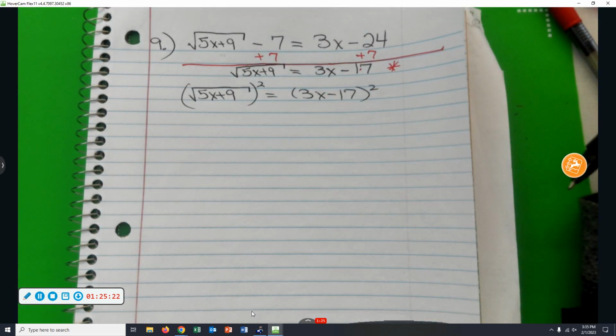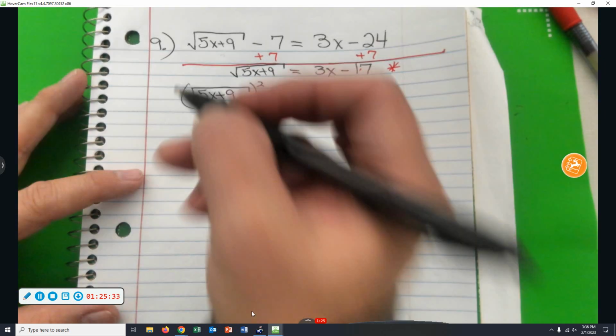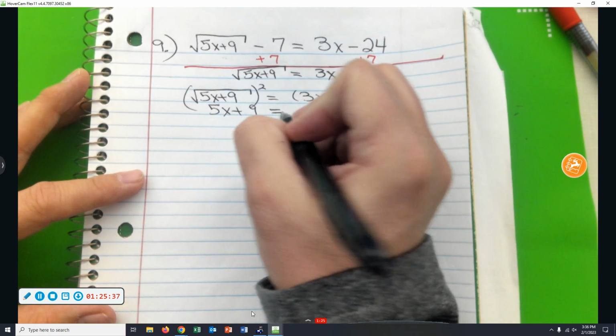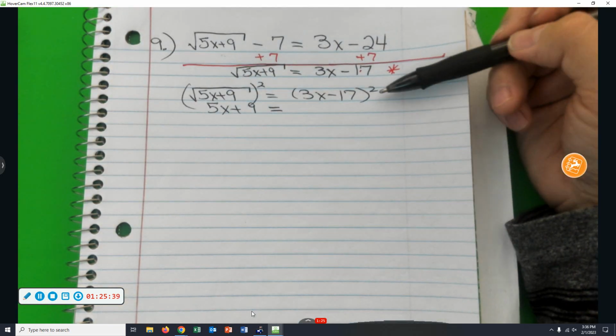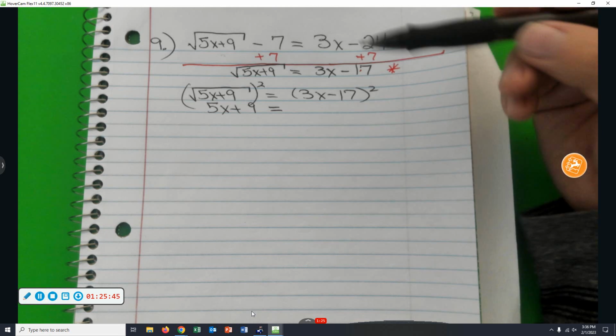The left side works out great. What's going to happen to the left side? The square cancels out that square root, and we're just left with 5x plus 9. What are we going to have to do here? I remember a problem like this in the second homework assignment.